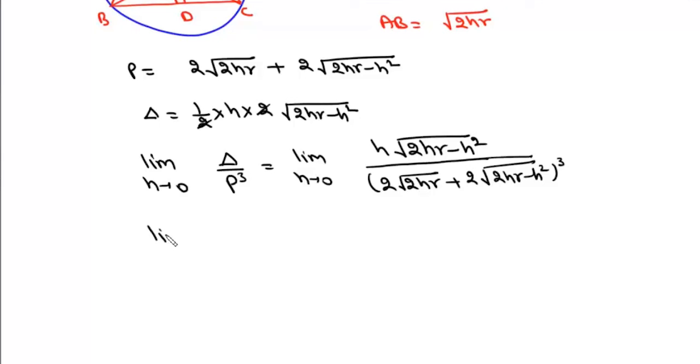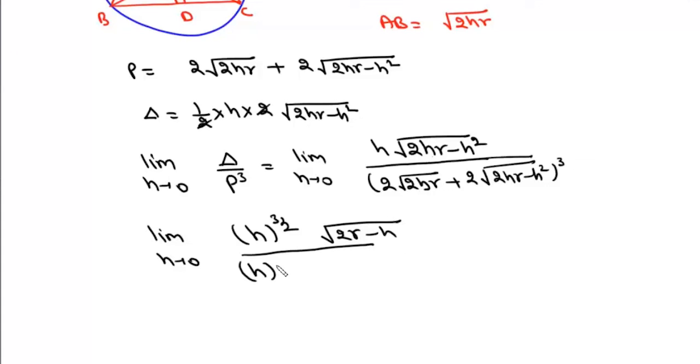Now in the numerator, we'll take h common from the root, so it will be limit h tends to 0, and then it will be h to the power 3 by 2 under root of 2r minus h, and here we'll take under root h common, so it will be h to the power 3 by 2, and we are left with 2 root 2r plus 2 into root of 2r minus h, whole cube. Now this will cancel.